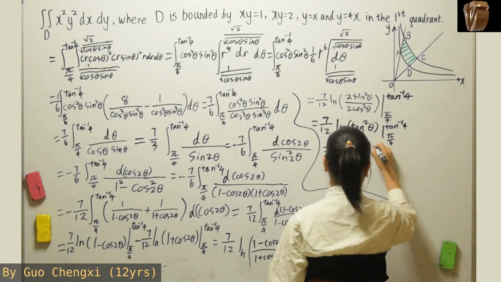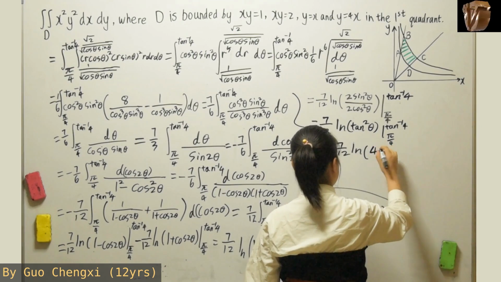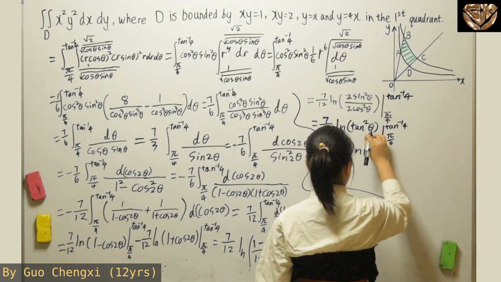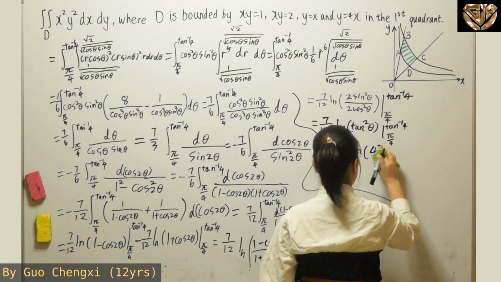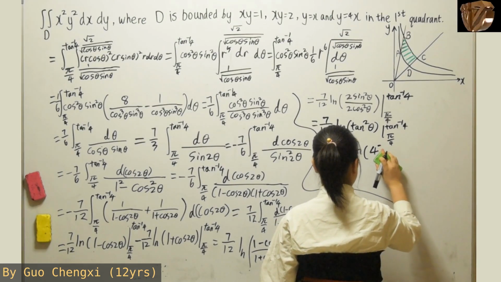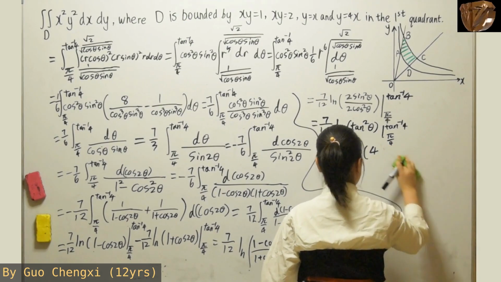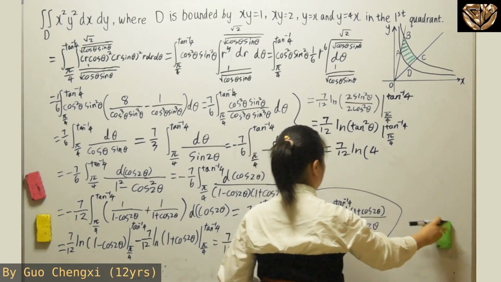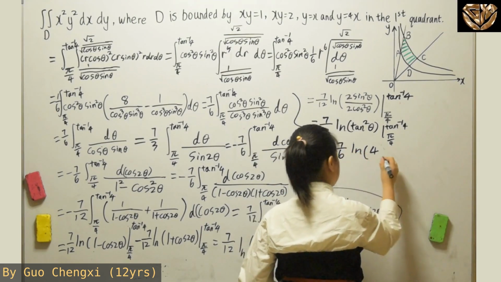For this part we have 4, but over here, as you can see, it will be 4 square because there's a square here. The square over here you can move to the outside of the ln, and it's going to simplify with the 12 and become a 6.